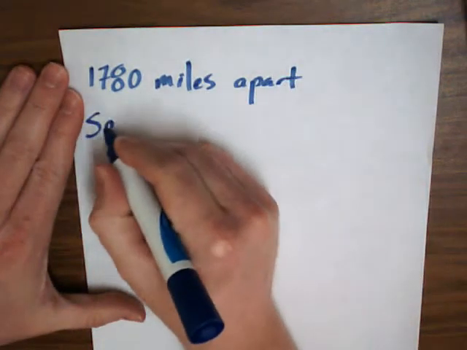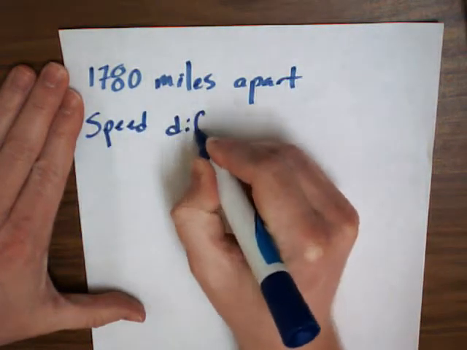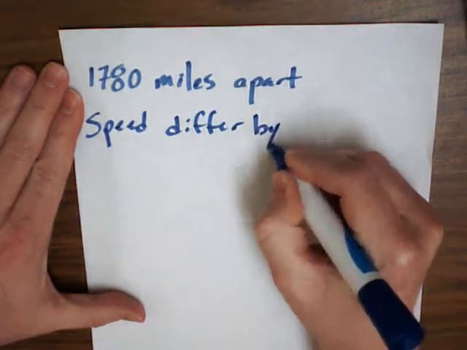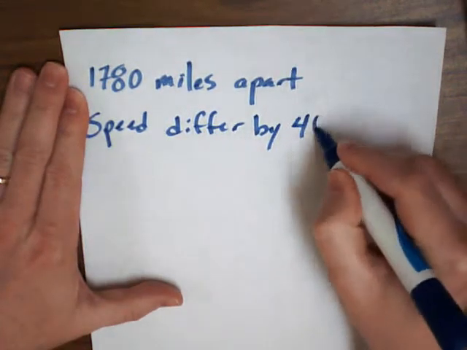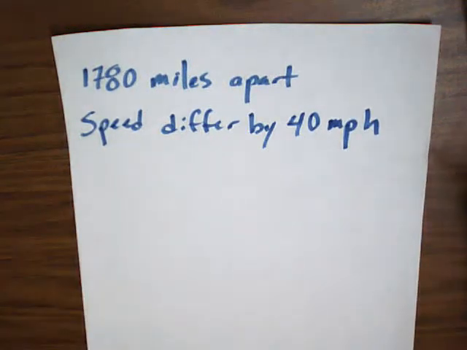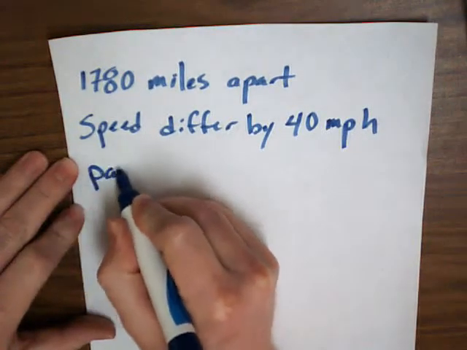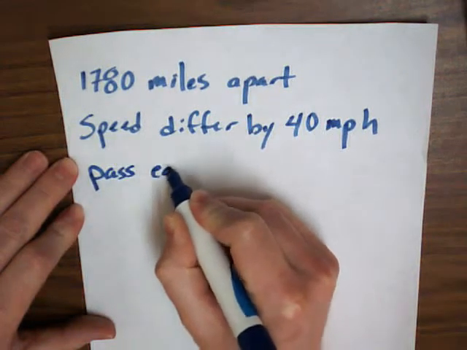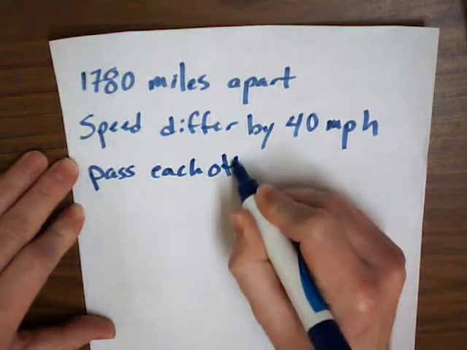So their speeds differ by 40 mph, 40 miles per hour. And they're going to pass each other in 2 hours, hopefully at different altitudes.